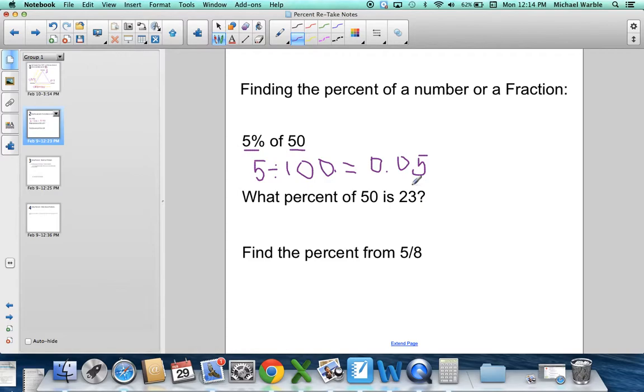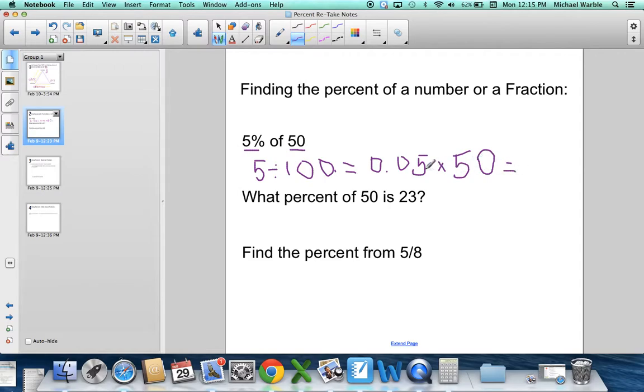Okay, so 0.05. Now all we need to do is find out what number represents 5% of 50. If I have 50 people in a class, I need to know the 5% of the people who had pens on the assessment. So what I'm going to do is multiply my 0.05 times 50, because I need the percent of that number. That number is my whole. I don't need to worry about a fraction because they're not here.